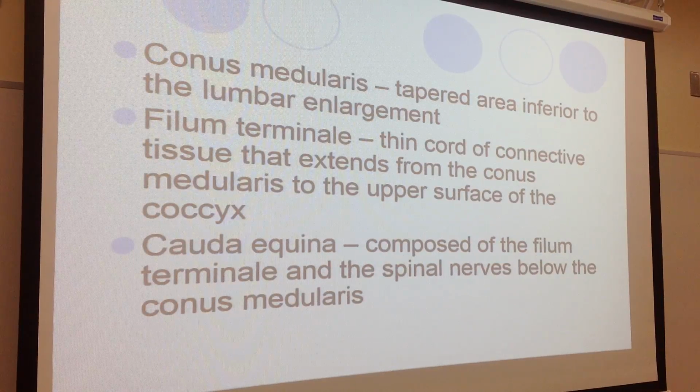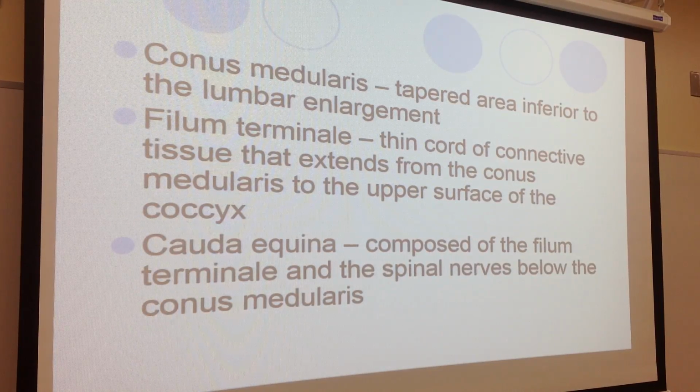All right, at the end of the spinal cord, so when we're down to about the L1, L2 level, the spinal cord tapers to a point, forming a kind of cone shape, which is called the conus medullaris. So that is at the very end, if you will, of the spinal cord, the conus medullaris. Now, continuing beyond the conus medullaris is a connective tissue cord. In other words, this will be nothing but collagen fibers, essentially, not nerves.